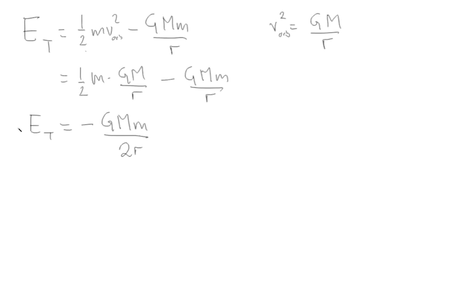Now it turns out, knowing this, that if you were to fire an object off the surface of the planet with different speeds, then you get some different possibilities. Let's have our planet here.